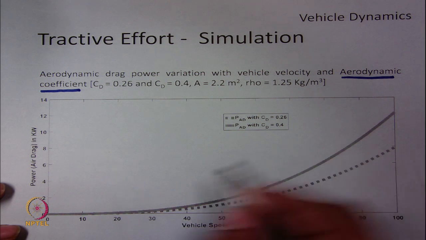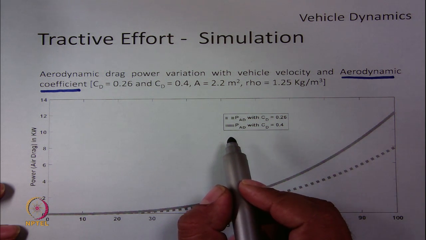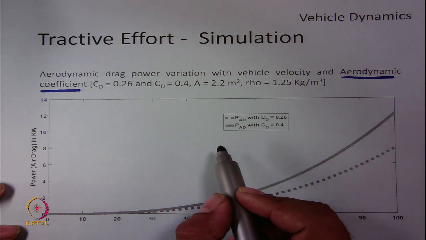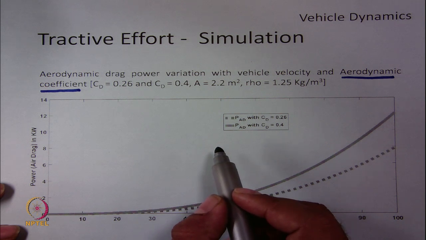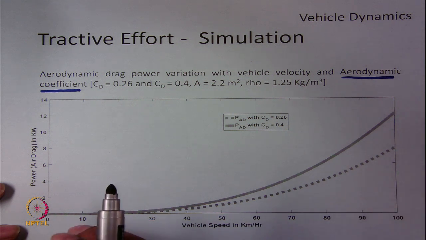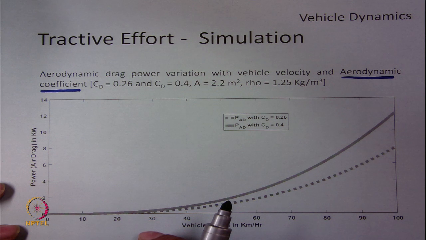You can see that the effect of this coefficient is quite high, and there should be every effort to reduce the drag coefficient in electric vehicles, because this amount of power requirement can put significant stress on battery energy capacity.